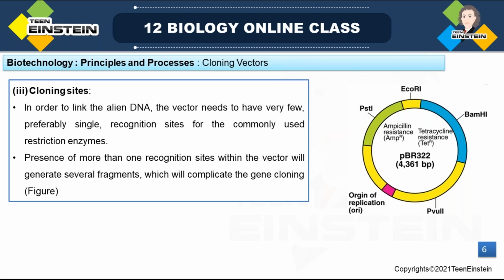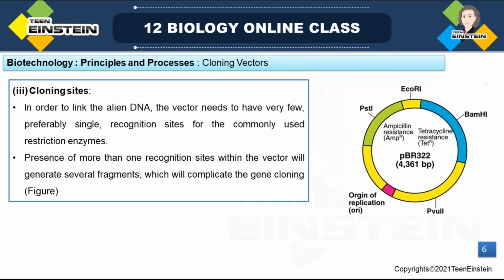All that we have learned. So for linking that alien DNA or foreign DNA, a vector should have very few recognition sites. For commonly used restriction enzymes, there should be very few recognition sites. Preferably, a single recognition site is better.